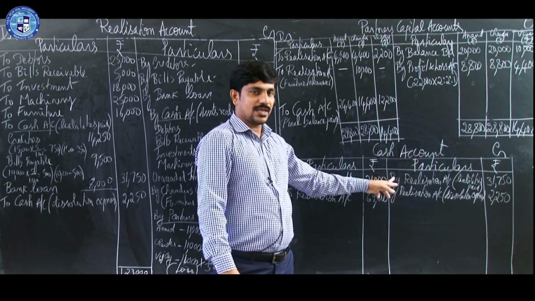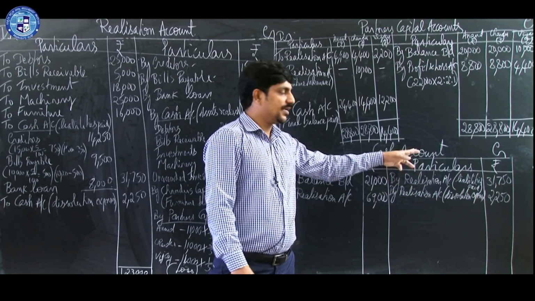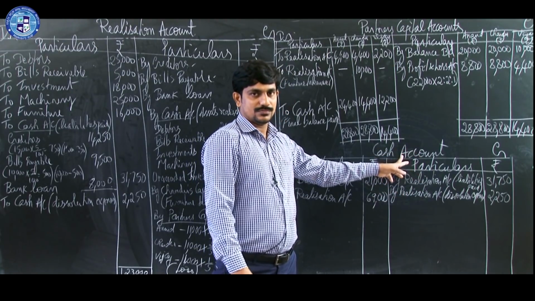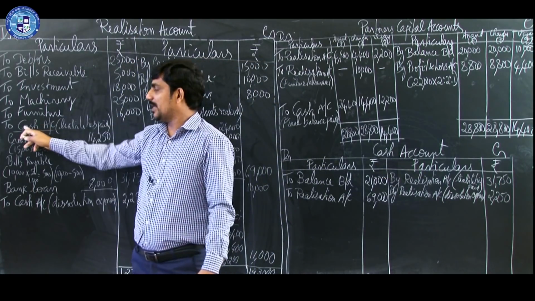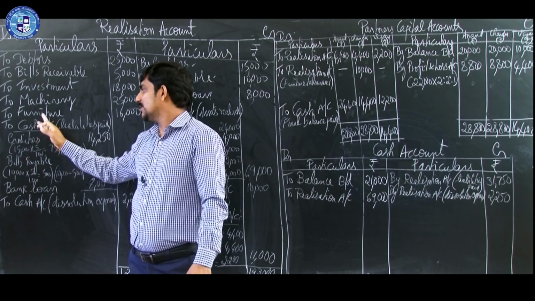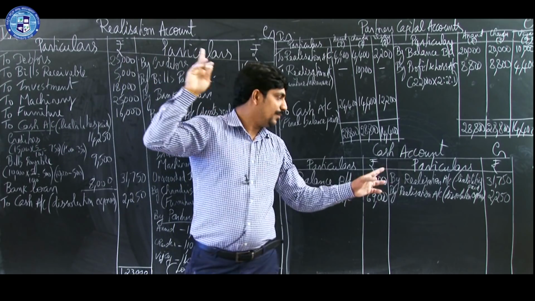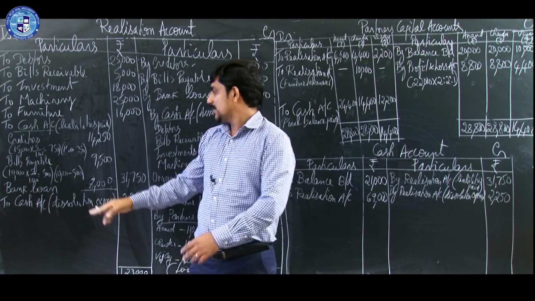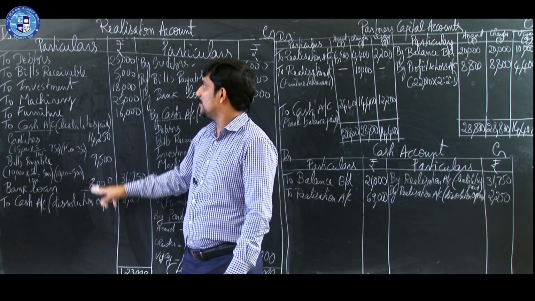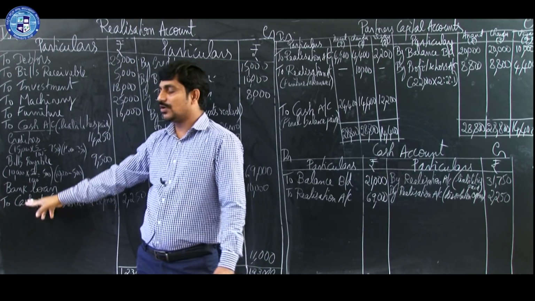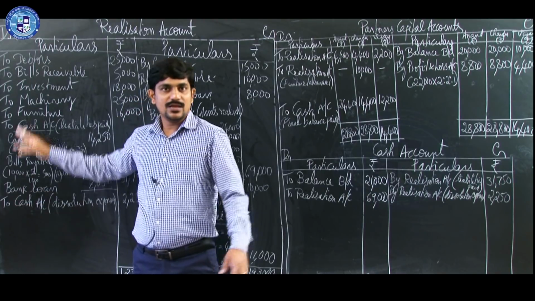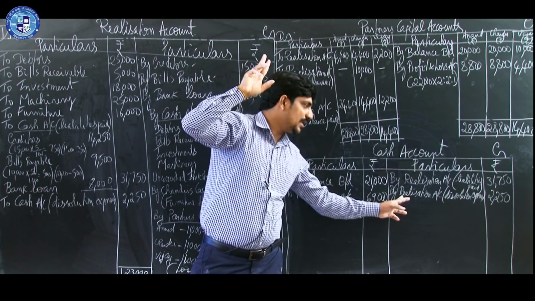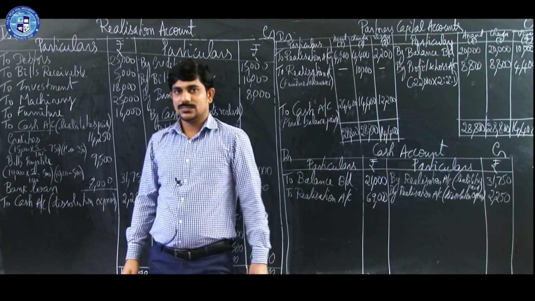Liabilities paid: what is the entry? Realization account debited to cash account. So the cash account is credited by which account? By realization account. In the same way for dissolution expenses paid: realization account debited to cash account, so the cash account is credited by realization account.